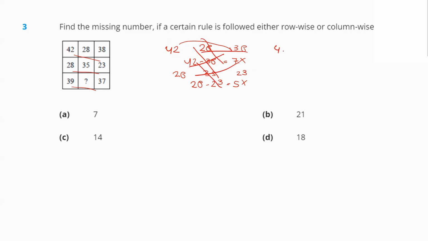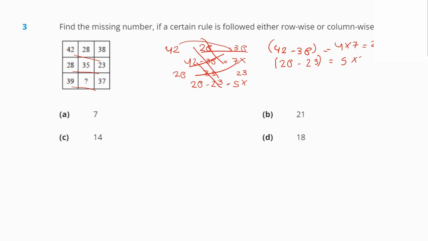So it is 42 minus 38. We get 4. 4 multiplied by 7, we get 28. In the other pattern, if we get 28 minus 23, we get 5.